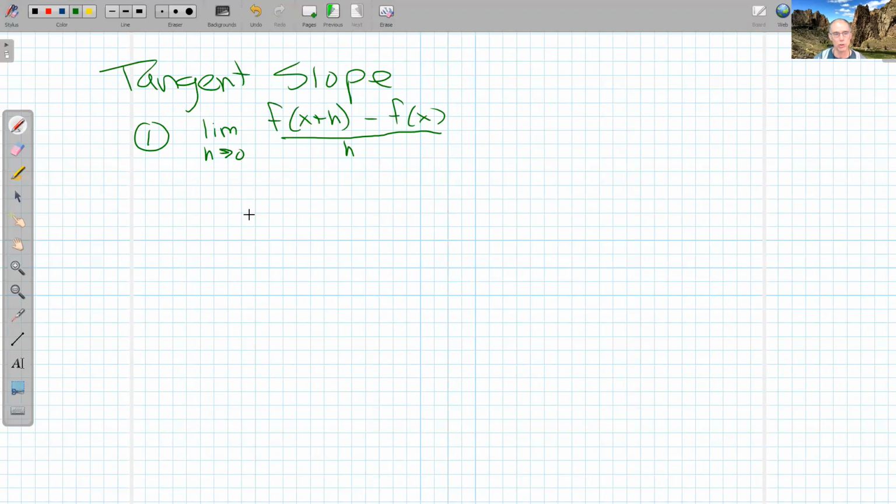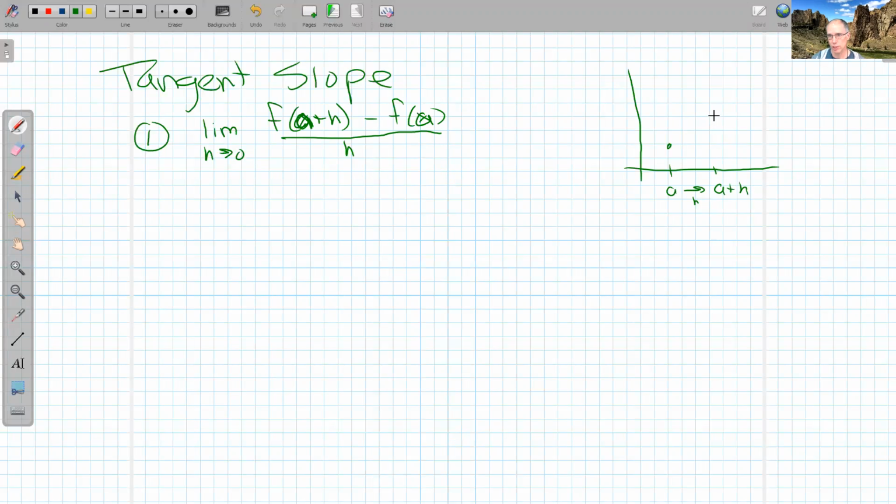So that's one approach. The other approach, and let's see, I lied slightly here. We're looking at a particular point, so often that x value is called a instead. So graphically, we have some x value here, we're calling it a. We jump over to the right by a little amount h, that gives us a new x value called a plus h.